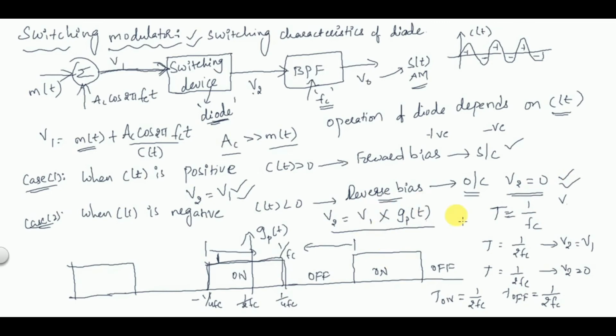Okay, so we can represent this mathematically with a periodic pulse train. So this will be the input output characteristics of this switching device. V2 is equal to V1 into Gp of t, where Gp of t is a periodic pulse train which is represented like this.